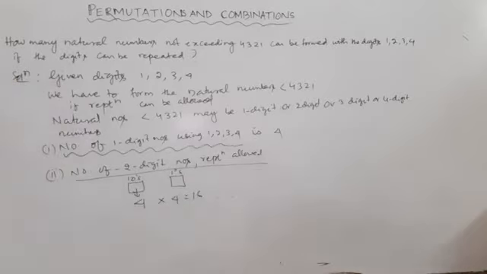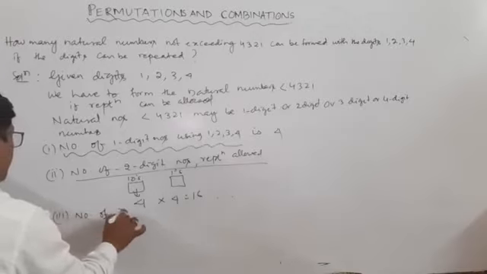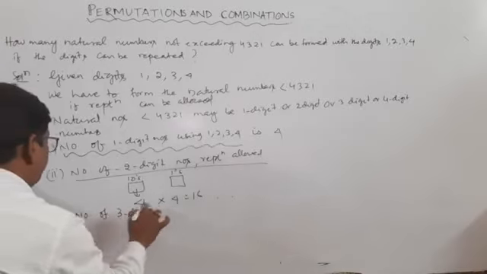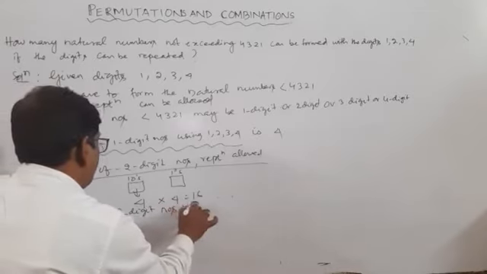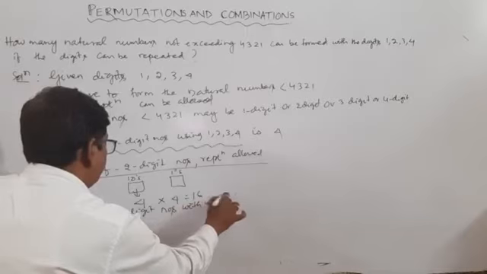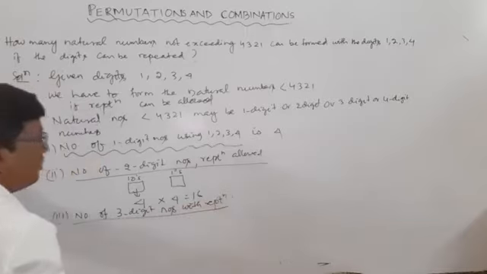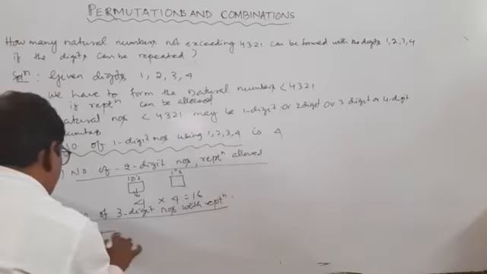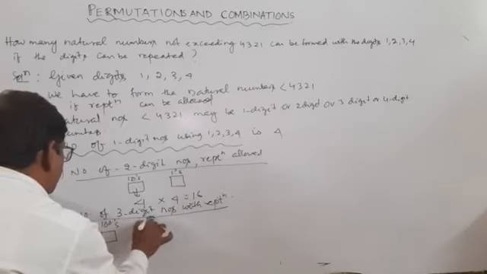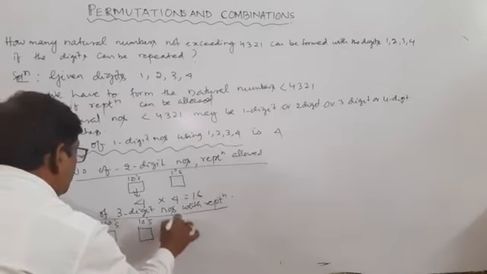Now, the number of three digit numbers with repetition. A three digit number contains three places: the hundreds place, the tens place, and the unit place.